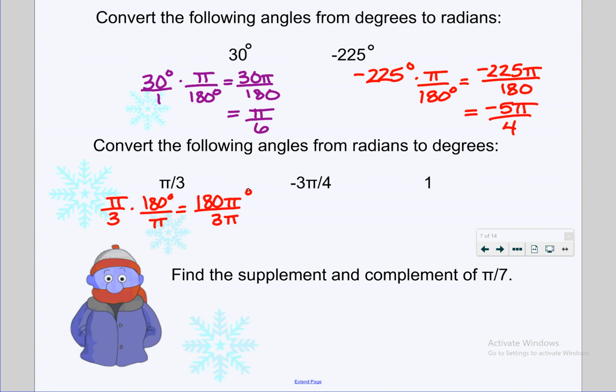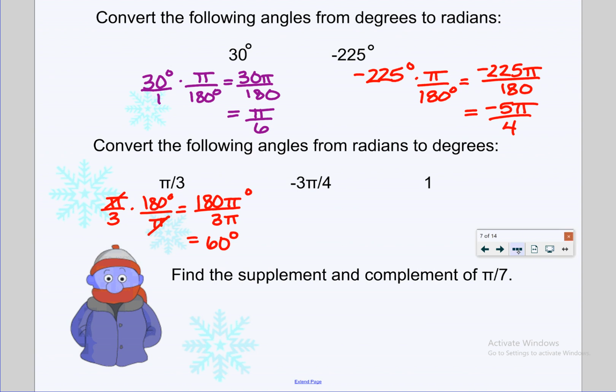What happens with those pi's? Cancel, and then 180 over 3 is going to give me 60 degrees. Okay, you could also cancel those pi's at the beginning if you wanted to. If you don't want to multiply those through, you're going to have a pi on top and a pi on the bottom, so you could really just think of it as 180 over 3. Make it a little faster for yourself.